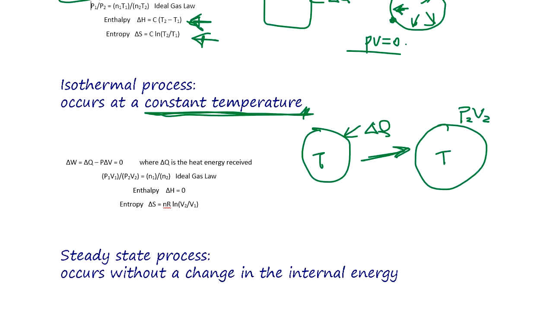Okay, so for the same ideal gas, this equation holds, enthalpy change is 0 because there is no change in the temperature. The entropy is V2 over V1. How much volume increase? This is V1.